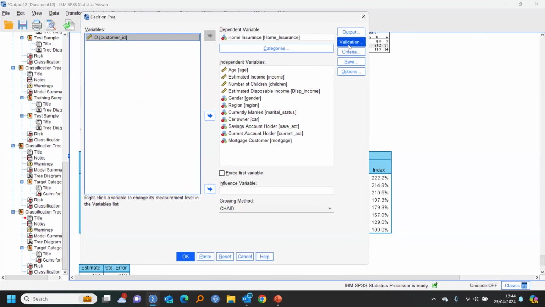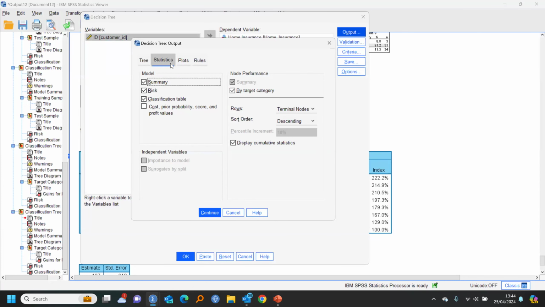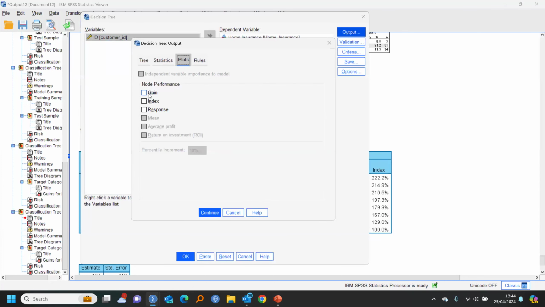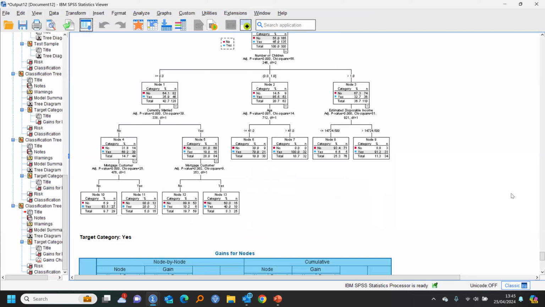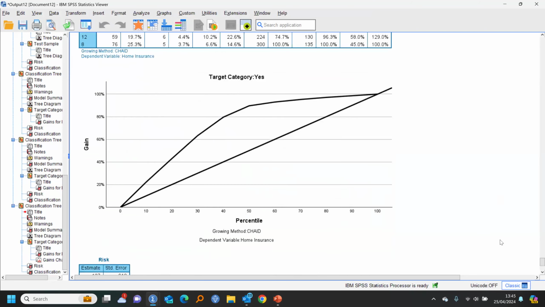If you want to see that graphically in the output here, that is shown as a curve. There are different types of curve. There's a gains curve here. You can get a node plot. The gains curve is a very common way to show this. And scroll down here. There it is.